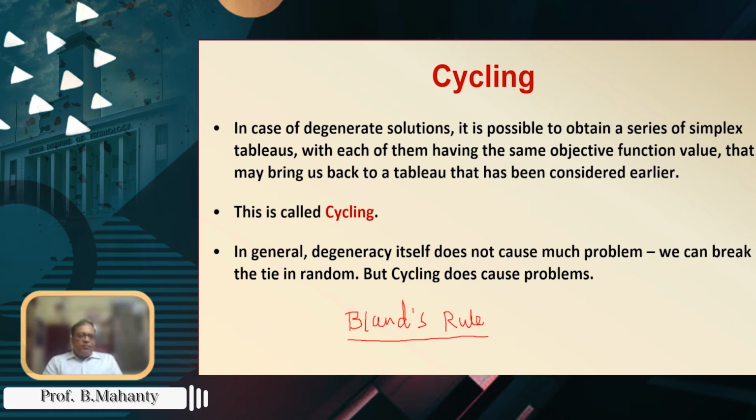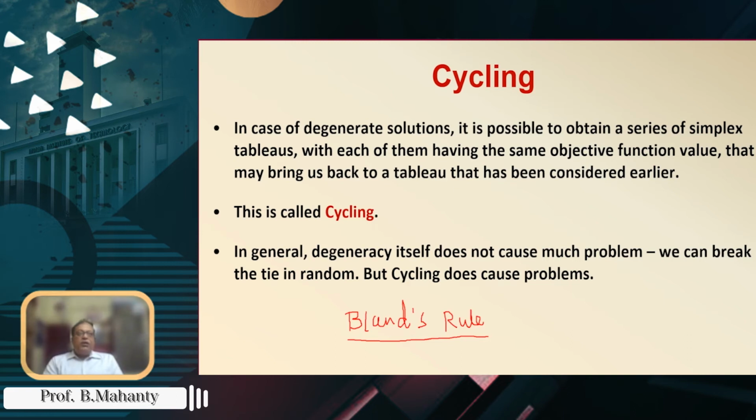You see, what is happening is that if you are coming from table 4 to table 1, probably you are breaking the tie arbitrarily. But suppose you break the tie by following a simple rule. One such rule is Bland's rule. Bland's rule says that at any point of time, if there is a tie, take the leftmost variable to leave the basis.